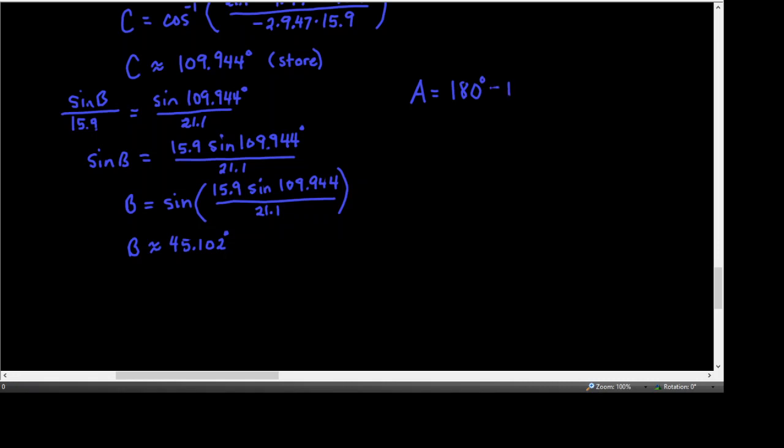So we'll bring back the 109.944 by recalling it from memory of our calculators, and also subtracting the latest answer we just got. It's still in our calculators, the 45-degree number. All right, so that means that A is approximately 24.955.